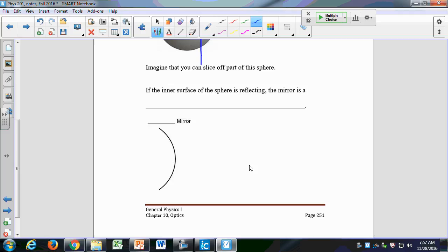Okay, so if the inner surface of the sphere is reflecting, just like this one, the mirror is a concave mirror.